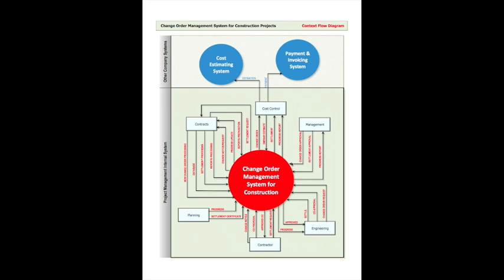So as I told you before, this is actually controlling the users. So it's very unfortunate that we are forbidden to program the user management. Actually, there are more than six, but here in the context flow diagram, this is just a summary of the six users that are going to use our change order management system.